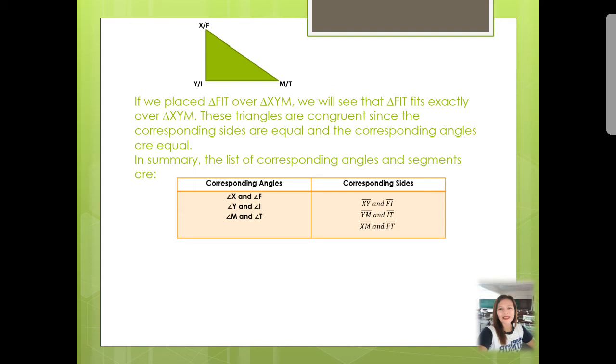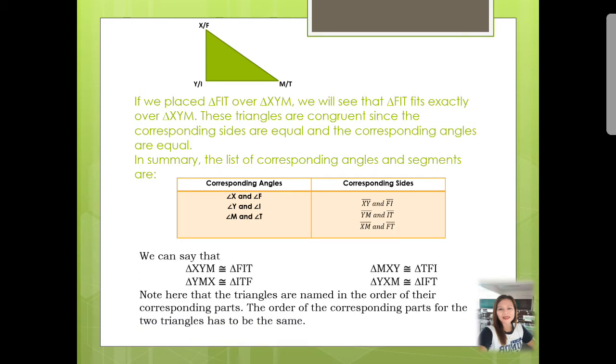Another three corresponding parts are the sides. The first one, side XY and side FI. Another one, side YM corresponds to side IT. And the last corresponding side, side XM and side FT.